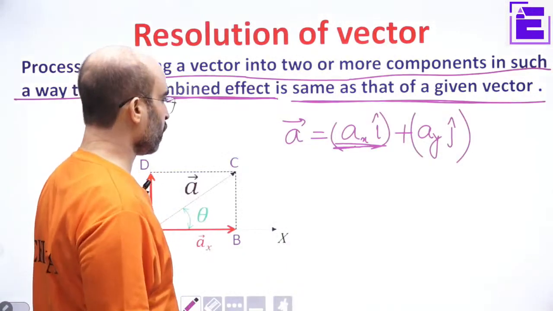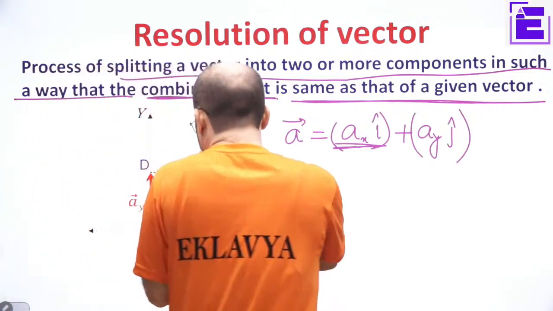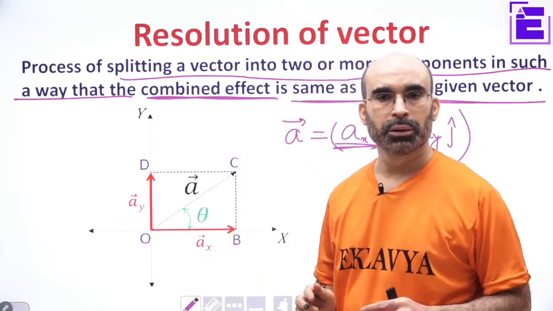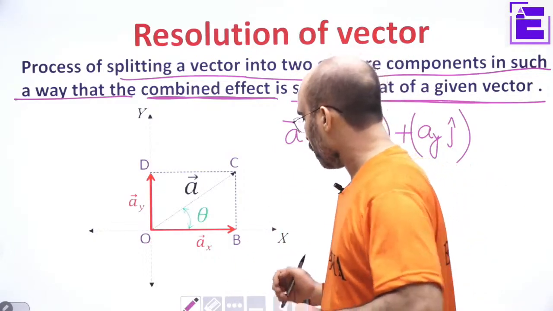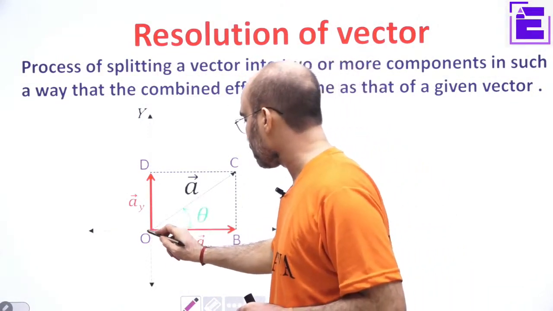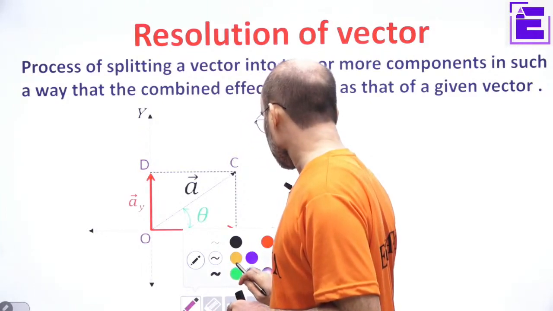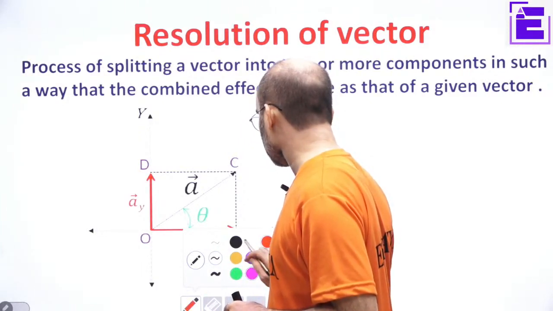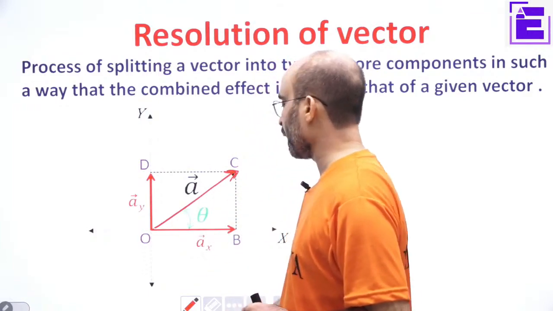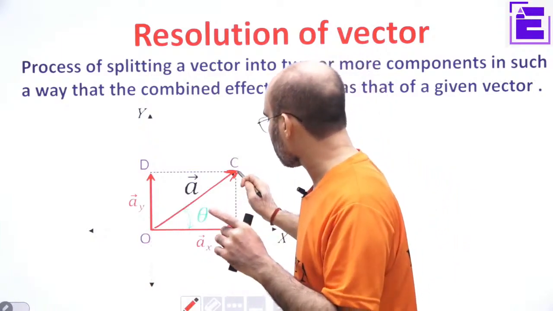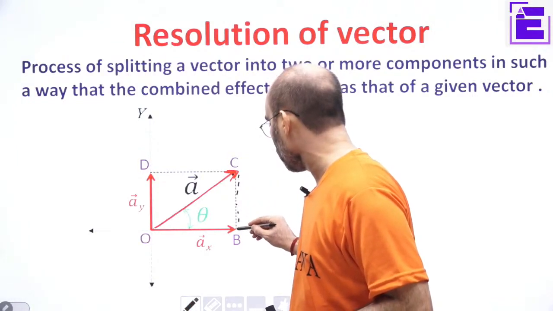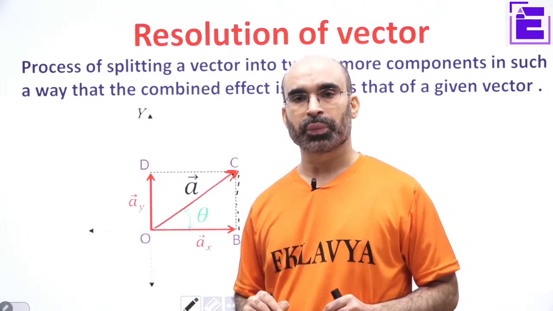Just have a look. So if you see here, OCB, see what we need to do. Just draw this. You have got this vector. This is vector A. From the tip of this vector, you draw a perpendicular on the x-axis.